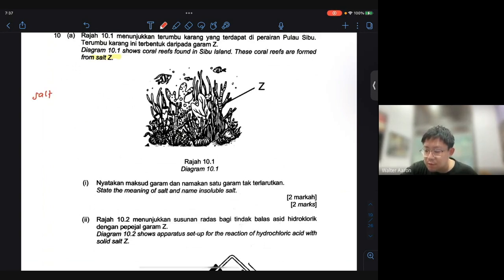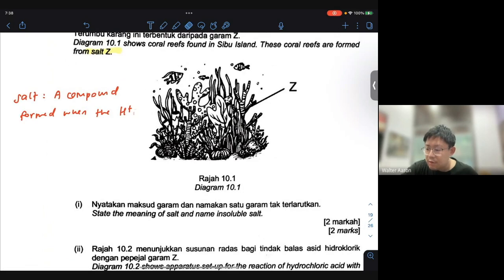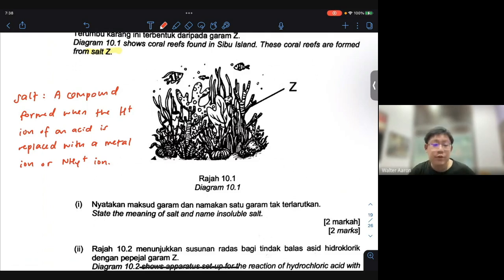So the definition of salt: a compound formed when the hydrogen ion of an acid is replaced with a metal ion or ammonium ion. Okay, so that is the definition of salt.